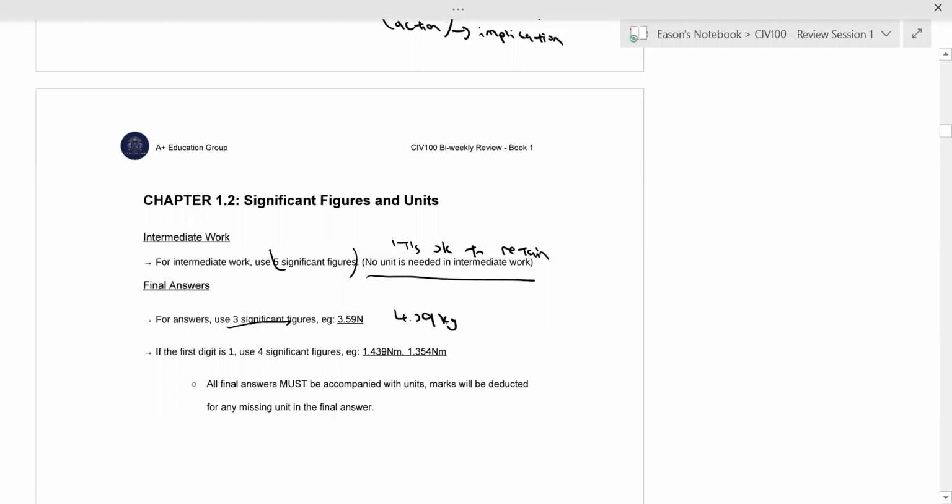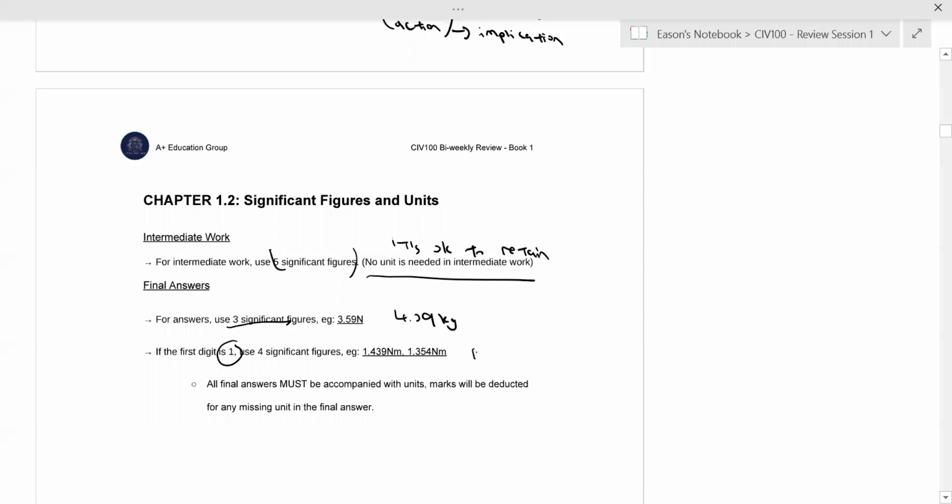So you want to make sure that you know exactly what significant figures you are supposed to be using. But if the first digit of your final answer is 1, then you need to retain 4 significant figures. For example, we have 1.439 Newton meter, which is the unit for moment. You have 1.354 Newton meter again, and it's not just for 1 point something, right?